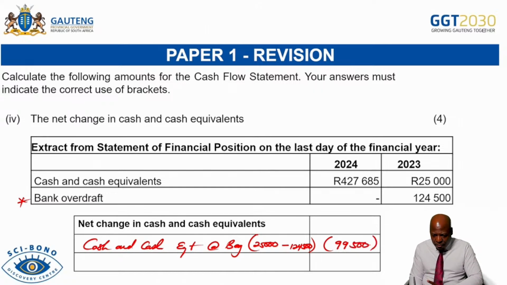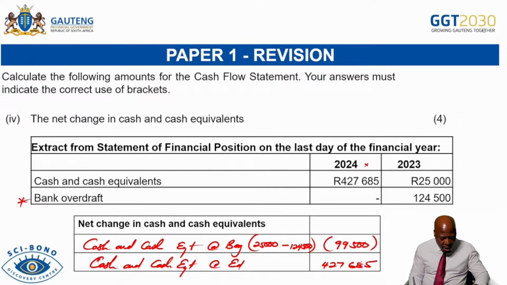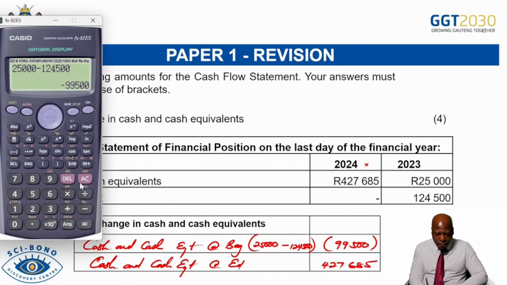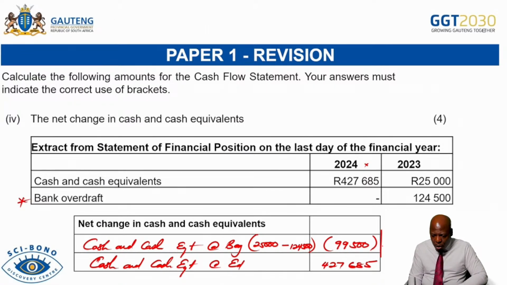So when I come here, I have my bracket, which is 99.5 in there. That's a negative. In 2024, which is now my cash and cash equivalents at the end, I now have 427,685. Then on my calculator, remember, I'm now doing the bottom up, and I must reverse the signs.